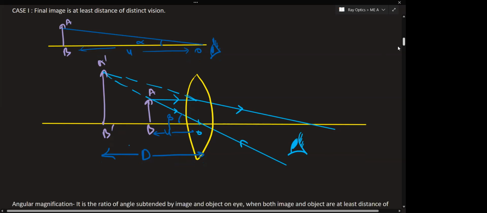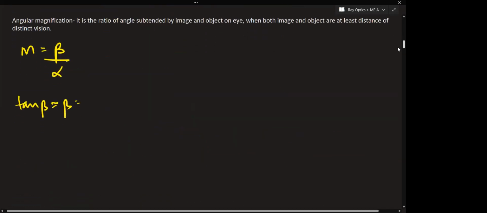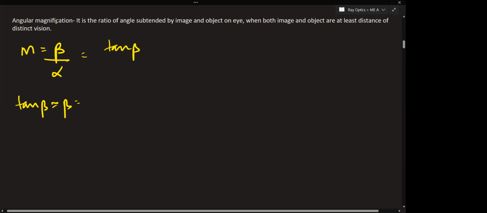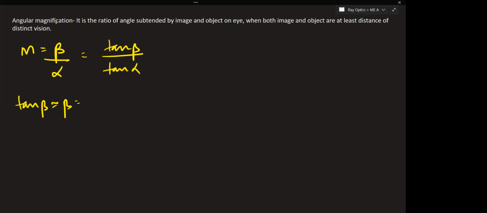Now see, we'll just substitute this in the triangles that are formed. So this will almost be equal to tan beta by tan alpha. The reason behind this, class, is that for tan alpha, tan beta, tan theta, any tangent of an angle when it is small, small meaning less than 15 degrees, it can almost be equated approximately to theta only.